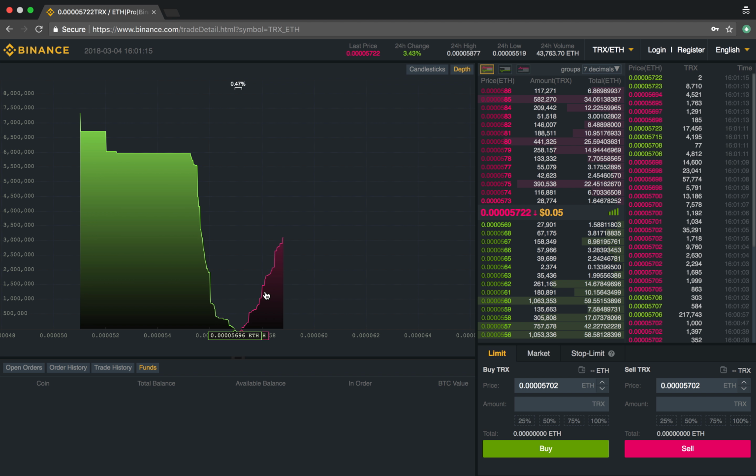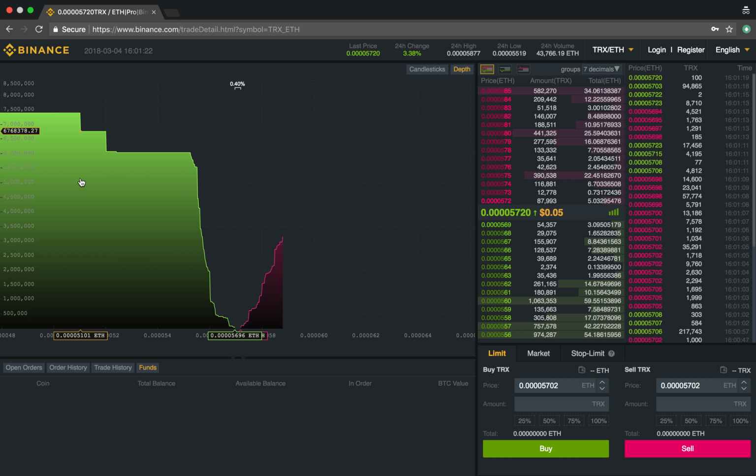It takes a little bit to populate, but eventually this will fill out the rest of this page as it did on the left side over here where it's green. These are the people waiting to buy, and these are the people waiting to sell.